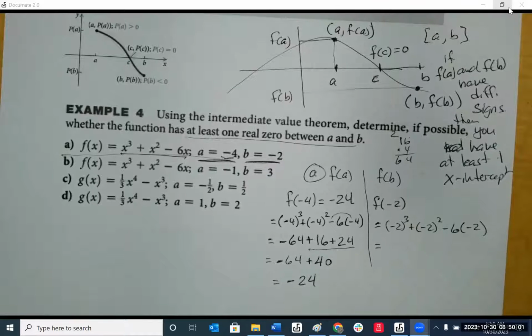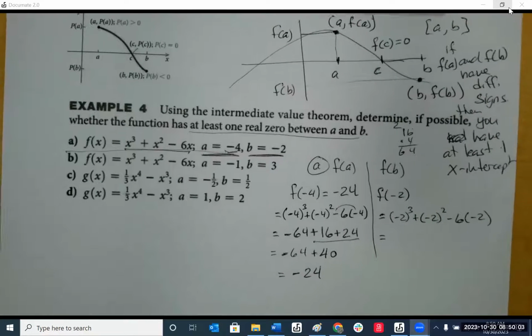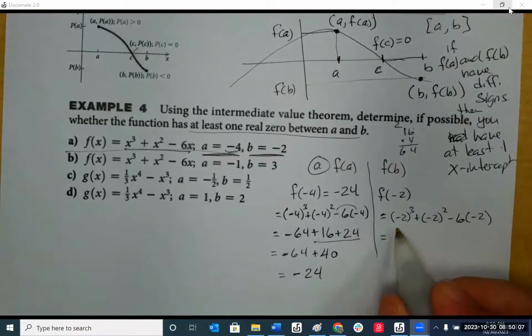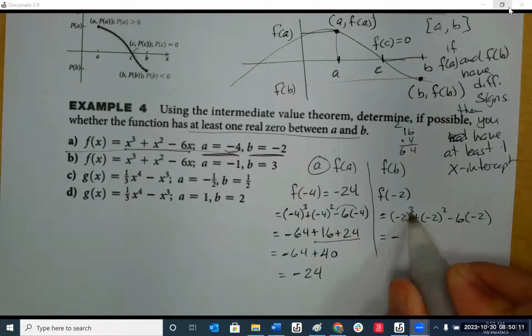Do the same thing with negative 2. Negative 2 cubed is negative. 2 times 2 is 4 times 2 is 8. Negative 2 squared is a positive 4.